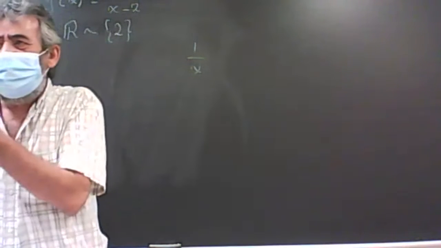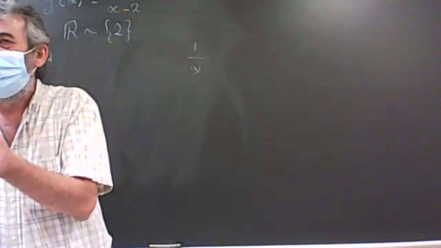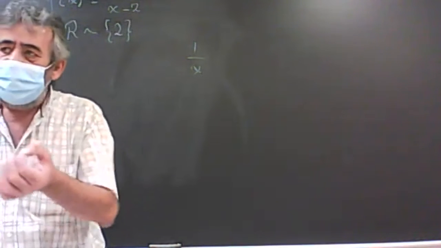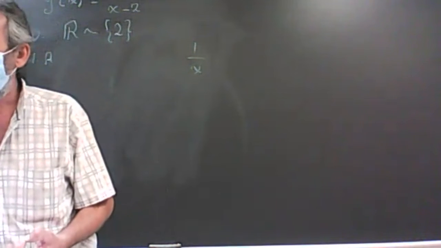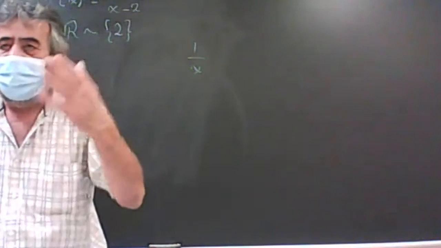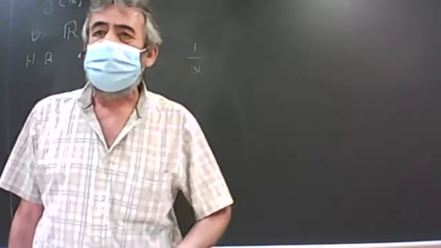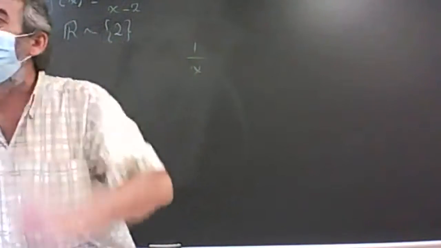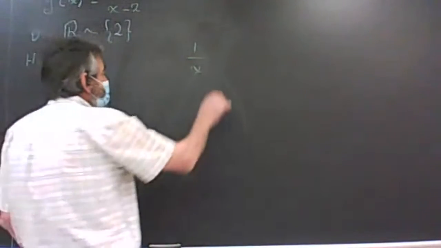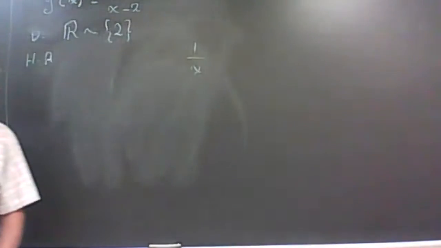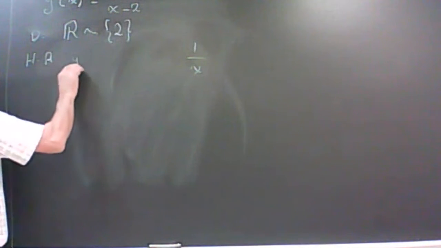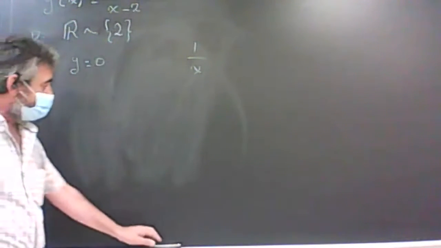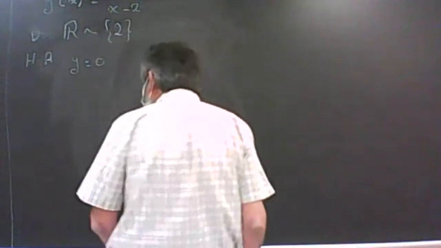A very, very tiny number, close to which number? If I take 1 and divide it by trillions, I don't get a 1. I get close to 0. So the horizontal asymptote is simply 0. So y equals 0.